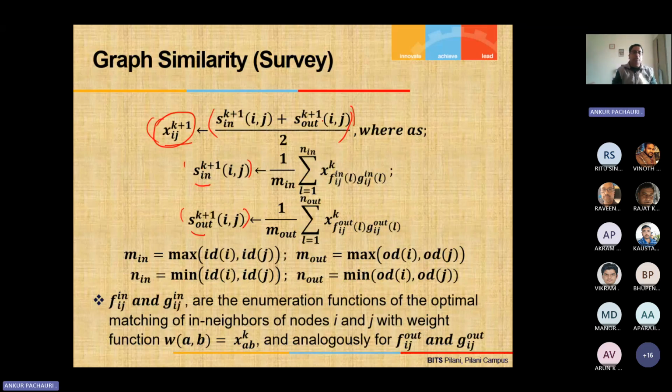That's why it is k plus 1 everywhere, the average of the same iteration. So k plus 1, k plus 1, k plus 1.